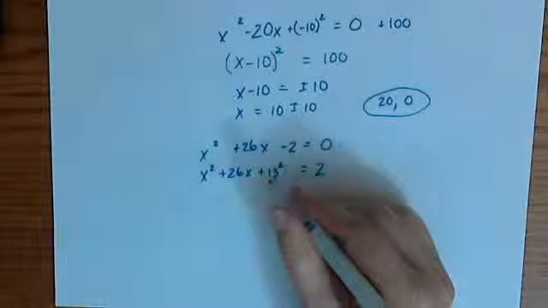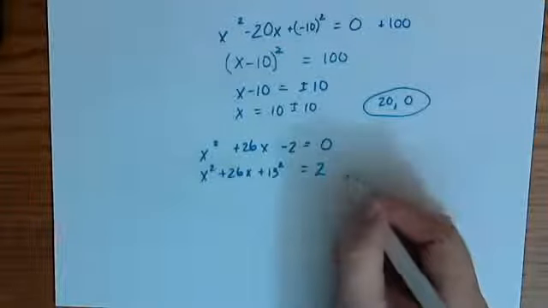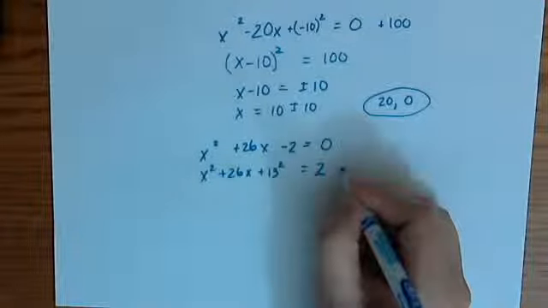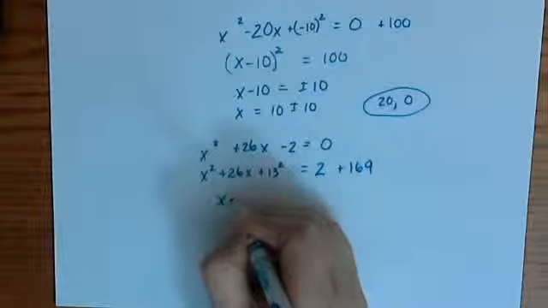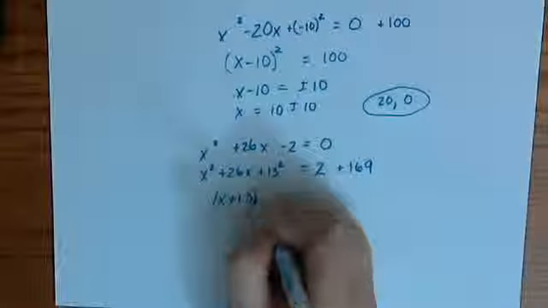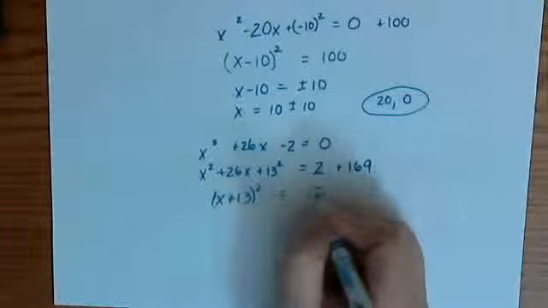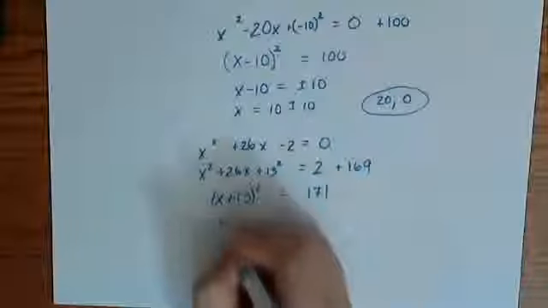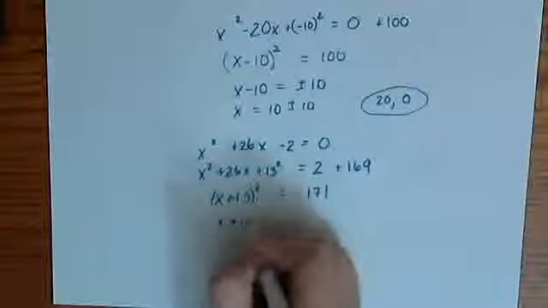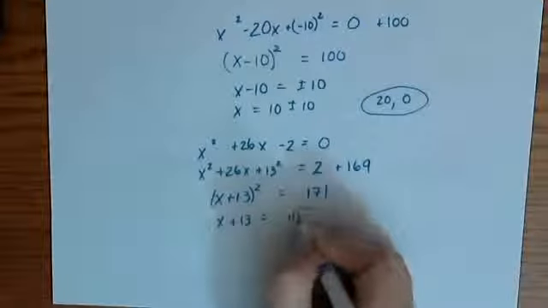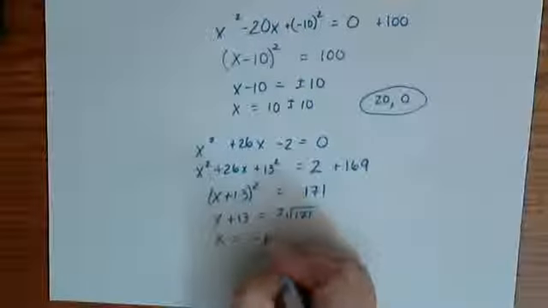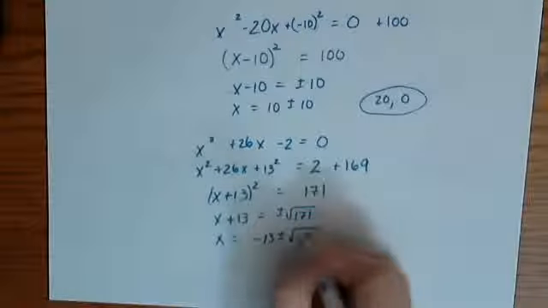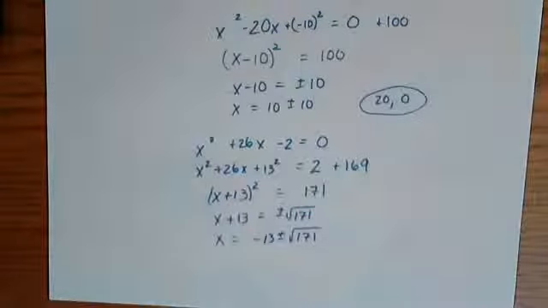If I add 13 squared to the left, I've got to add it to the right. 13 squared is 169. So this becomes x plus 13 squared, and this becomes 171. Square root of both sides, x plus 13 equals the square root of 171, and x equals negative 13 plus or minus the square root of 171. And that is how you complete the square.